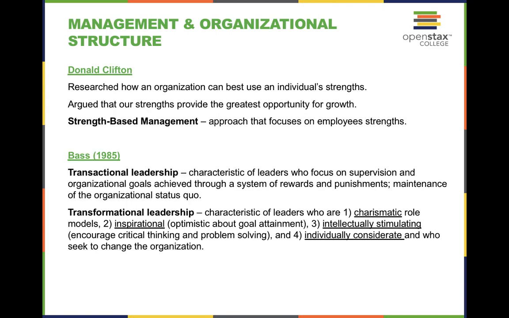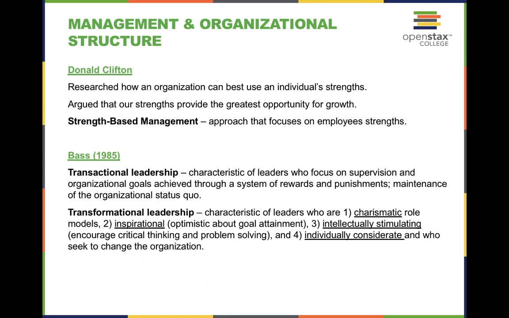Okay. Next, under the same category of management and organizational structure, Donald Clifton researched how an organization can best use an individual's strengths. We call this strength-based management, the approach that focuses on employees' strengths. Now, Bass in 1985 created two schools of thought known as transactional leadership and transformational leadership.